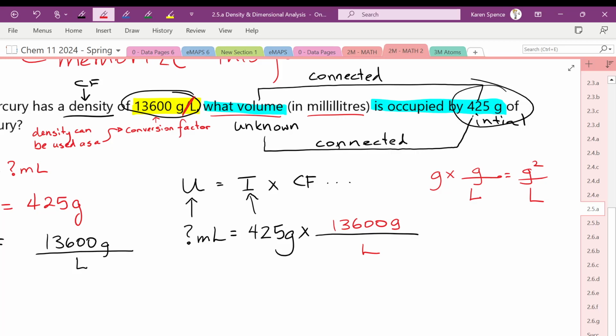That means that if I've done that, I've put my units in the wrong place. Remember, grams are on the top, so I need to put grams on the bottom, which means that the liters need to go on the top. And we know that there are 13,600 liters per gram. Is that correct?